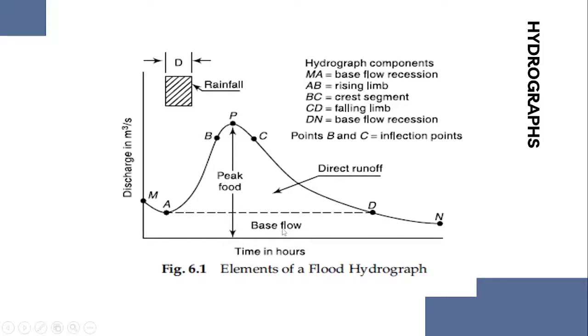Then below, we have the base flow, which is where the rain has infiltrated into our soil or ground. So the base flow is also known as groundwater flow. So that is the figure of a typical flood hydrograph.